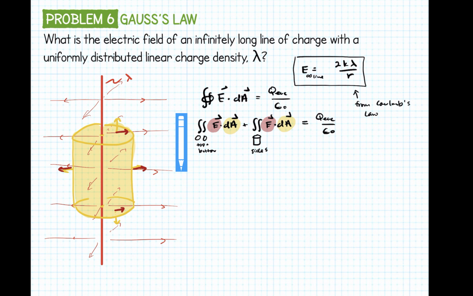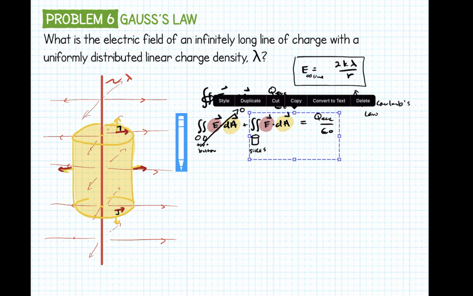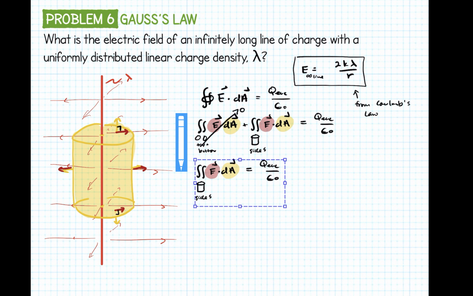Because the electric field is perpendicular to the area on the top and on the bottom, we can make that 0 because the dot product gives us 0. Then we just have this part of the equation still, and that comes over here.